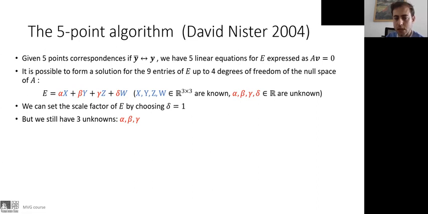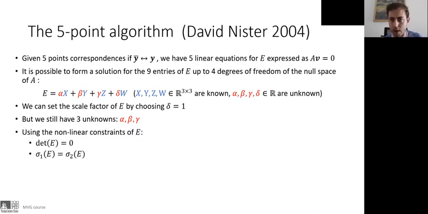Maybe we can use the determinant. Yeah, so we have the determinant, but we also have that the 2 singular values should be identical, right? So we have nonlinear constraints on the essential matrix. So we can actually use these constraints to constrain alpha, beta, and gamma. We just apply them on the essential matrix.